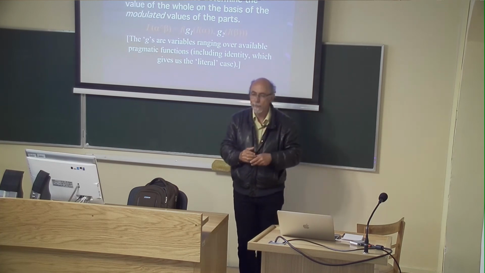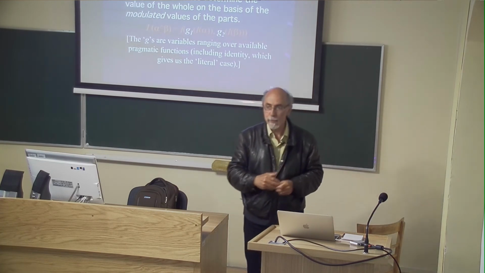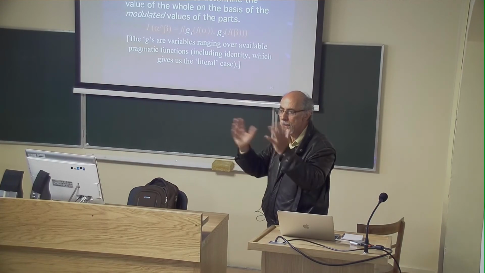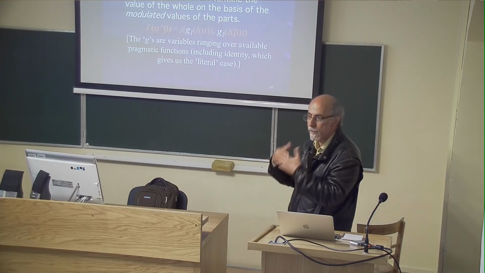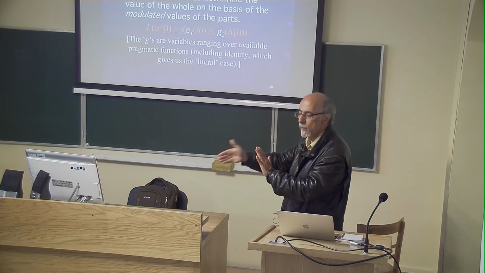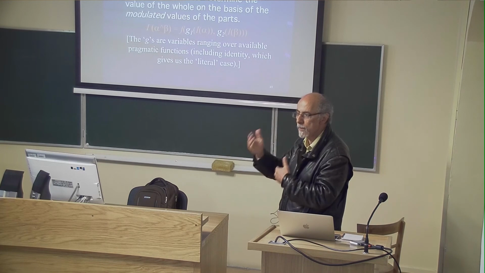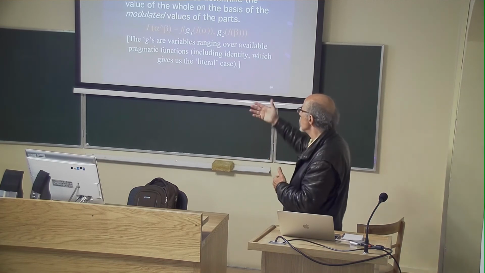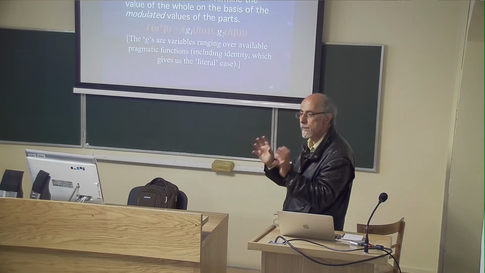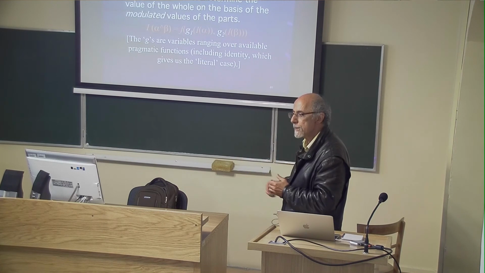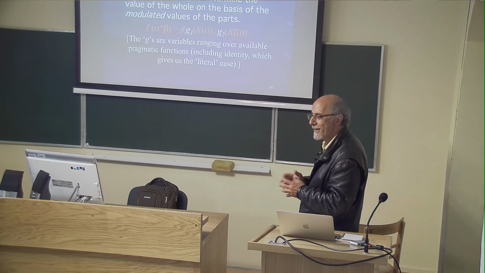It's not directly given. But we can still talk about the meaning or interpretation of an expression while distinguishing these two cases. If it's a simple expression, it will be directly given in the dictionary; if it's a complex expression, it will be computed compositionally, and we'll have such a formula. But we can still use this notion of the interpretation of an expression, even though it comes down to different things in different cases. So that was my idea.